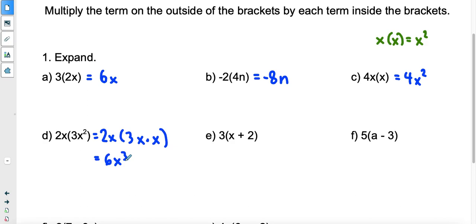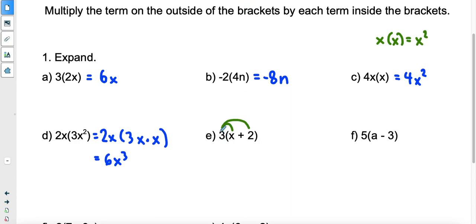Okay, next example. 3 times x plus 2. All we're doing here is using the distributive property. We need to multiply what's on the outside of the bracket, in this case the 3, by each term inside of the brackets.